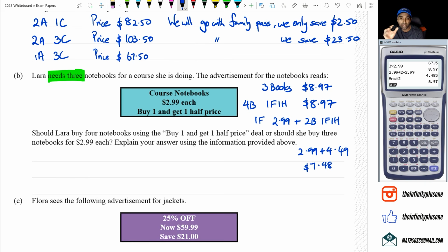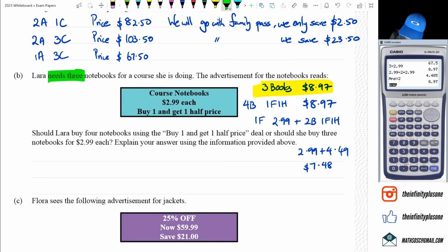Okay, so we've literally got these situations, right? So situation 1, she could just buy 3 books for $8.95. No, sorry, 97. Situation 2 is she could actually buy 1 book at full price, which is $2.99. So let me just color code, right? This is situation 1 here. She buys 3 books at $8.97.